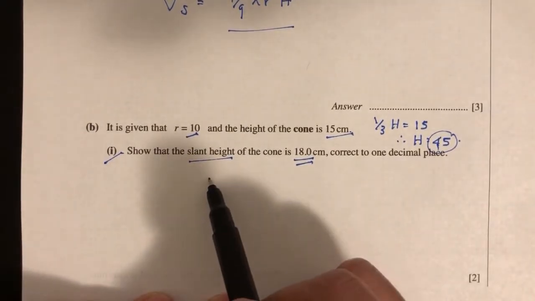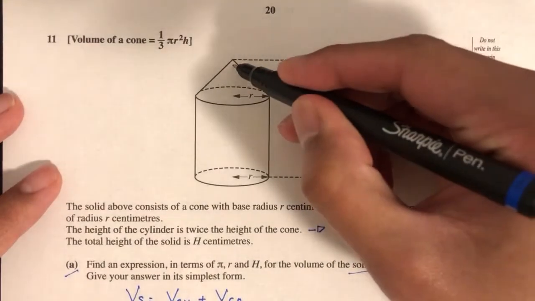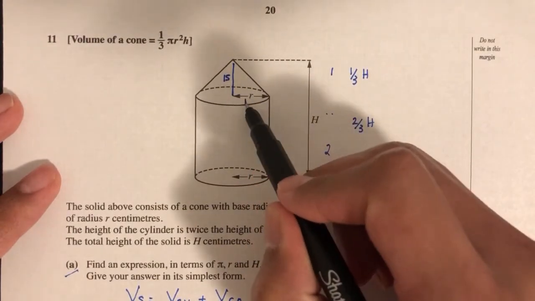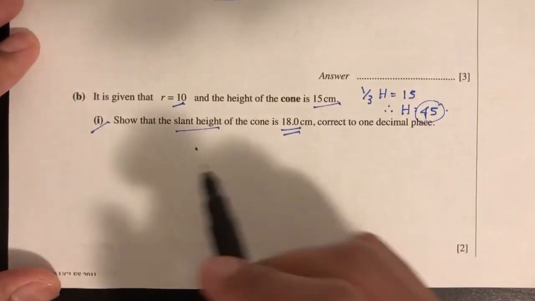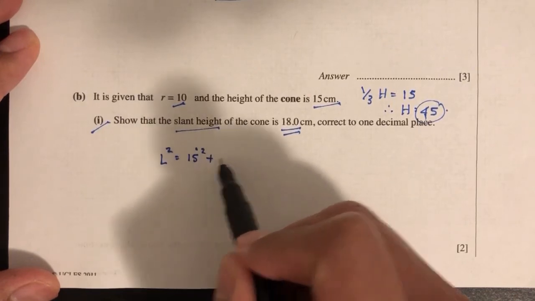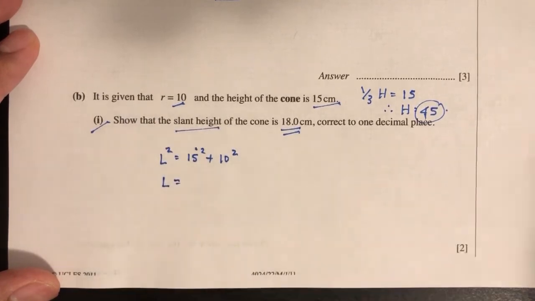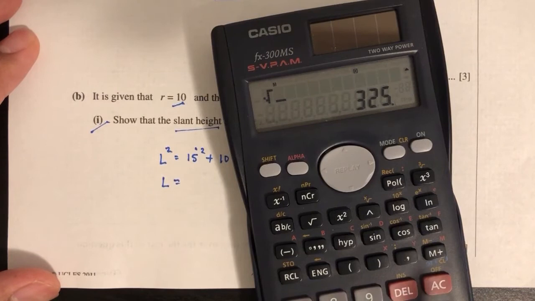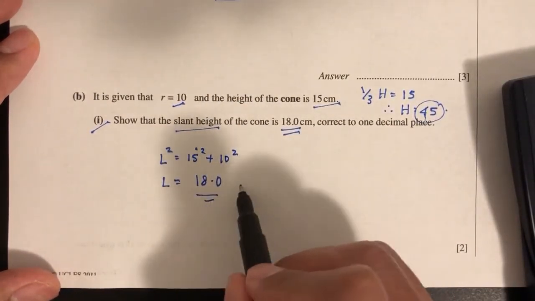As you can see in this shape right here, the height of the cone is given to us as 15 and the radius as 10. So the slant height, by using the Pythagoras theorem, let's call it L. L squared is equal to 15 squared plus 10 squared. So L will be the square root of 15 squared plus 10 squared, that will be 18.0. So this is the slant height.